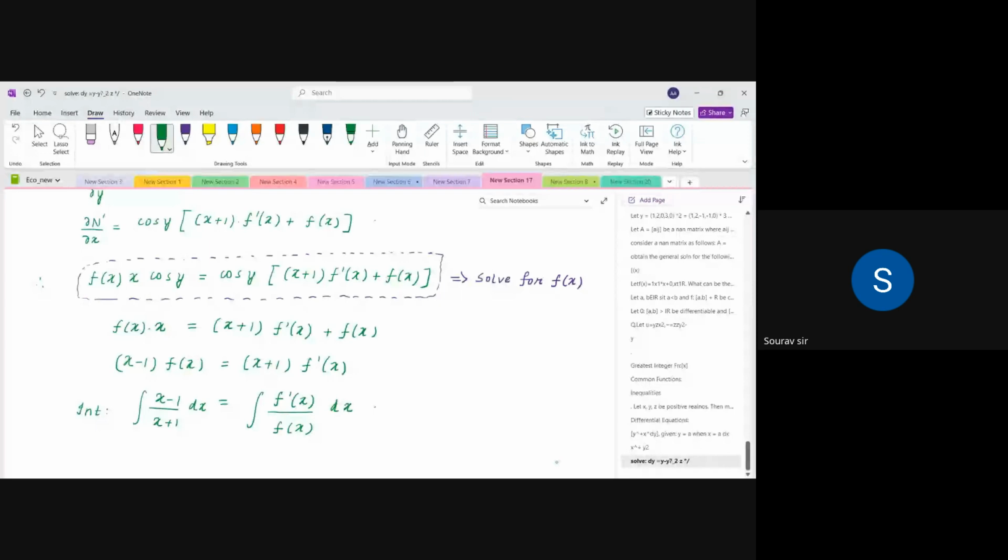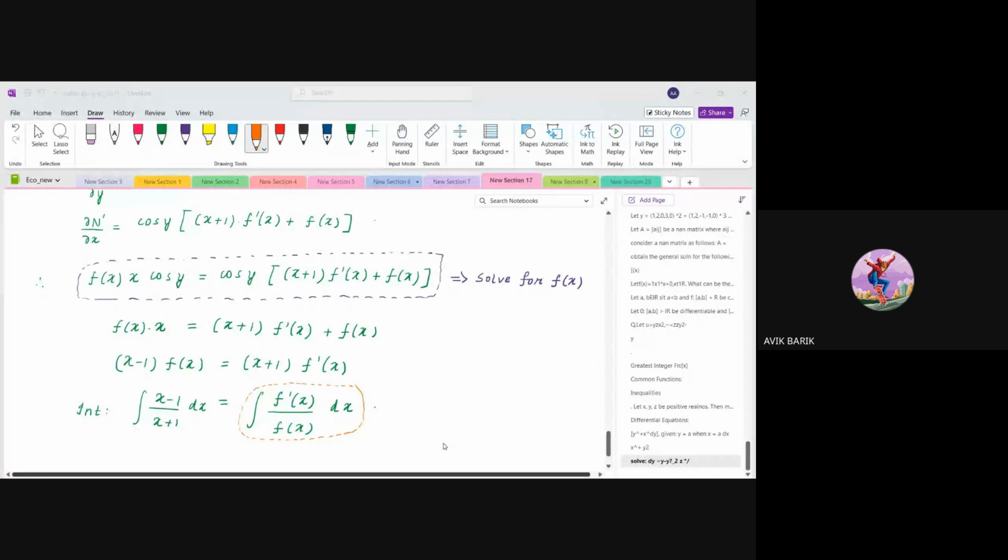All right. So can anyone tell me how we should work out the RHS? Anyone? Log of mod f(x). Yes.